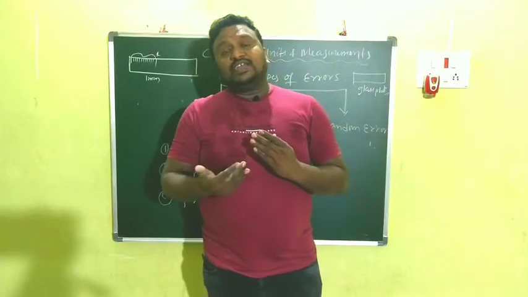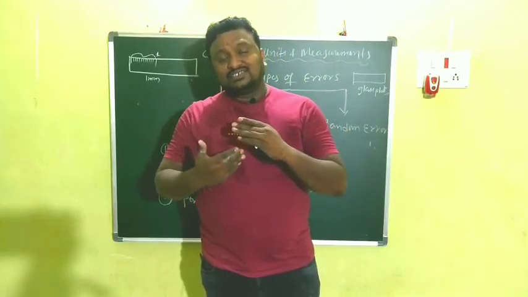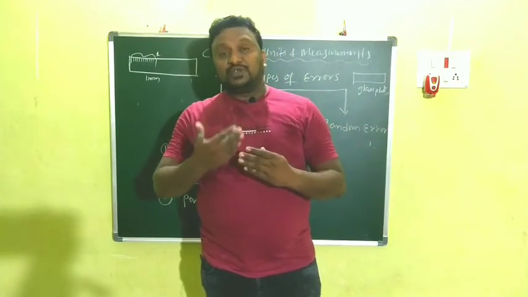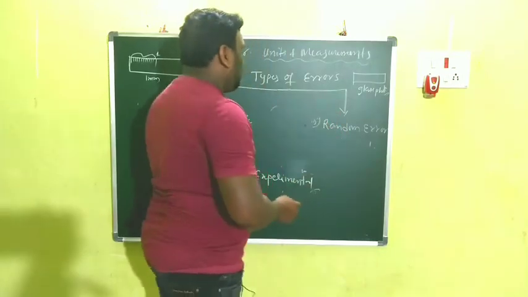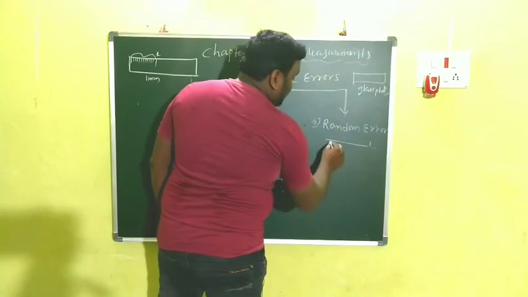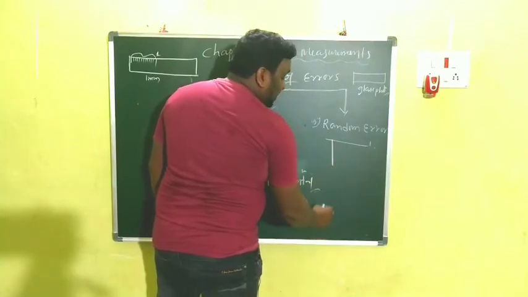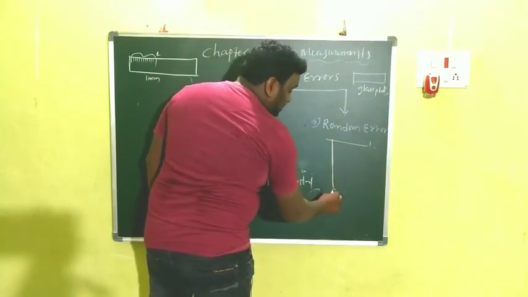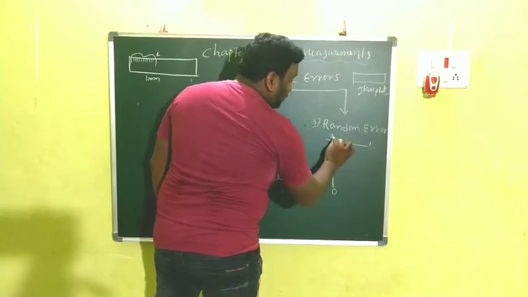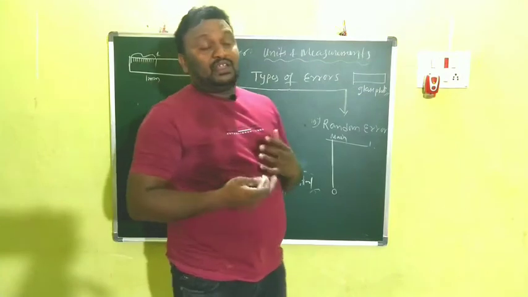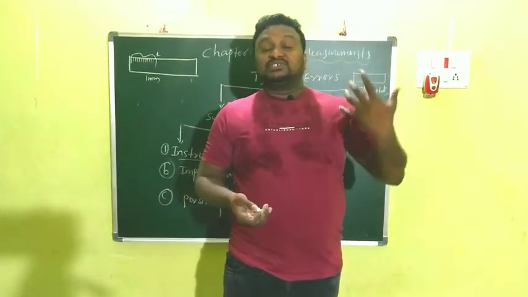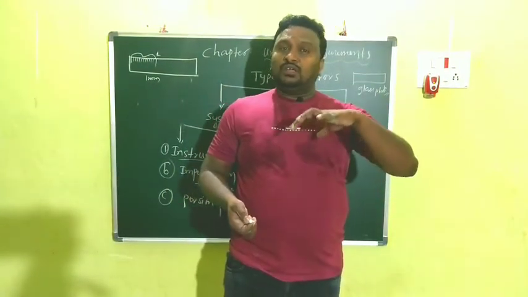Now in the case of vernier calipers or screw gauge, the zero division of the main scale should coincide with the zero of the vernier scale. Once you observe an instrument like vernier calipers and screw gauge, you will get clarity.